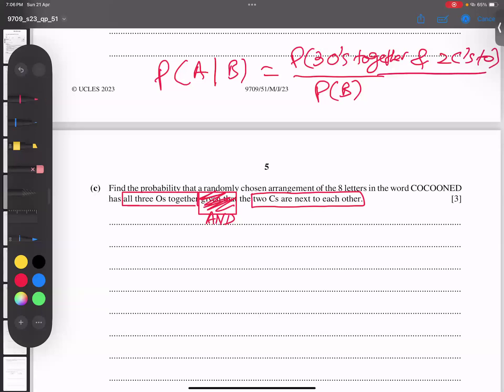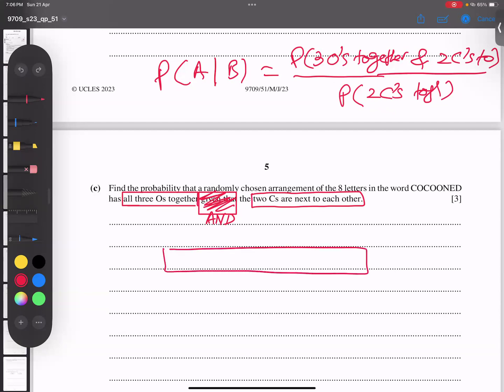Okay. And down there is the denominator: two C's are together. I think you got my point. So first of all, I talk about the two C's being together and how we can find that. 1, 2, 3, 4, 5, 6, 7.